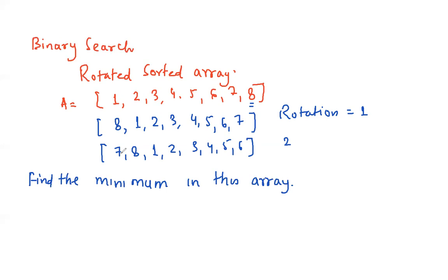But before using binary search, I want to make a statement here that whenever you see a rotated sorted array and you try to apply binary search, one very useful insight, which we'll see in the next problem as well, is that when you split a sorted rotated array, one half of it will always be sorted. It will never happen that both the halves are unsorted. One half of it will always be sorted.